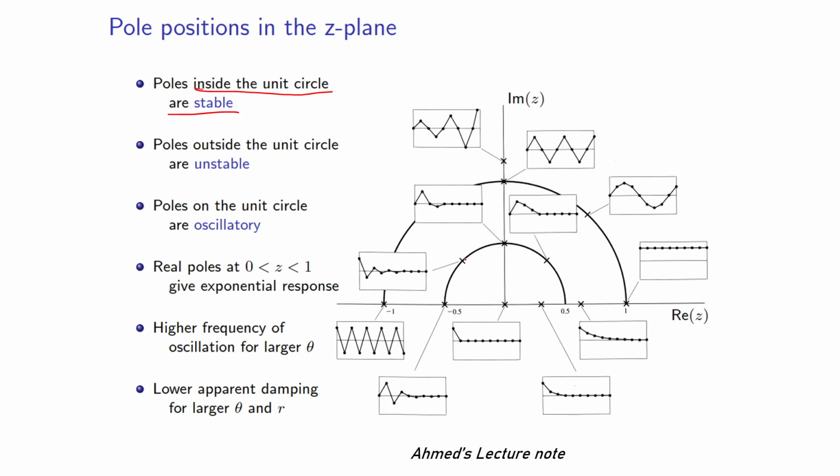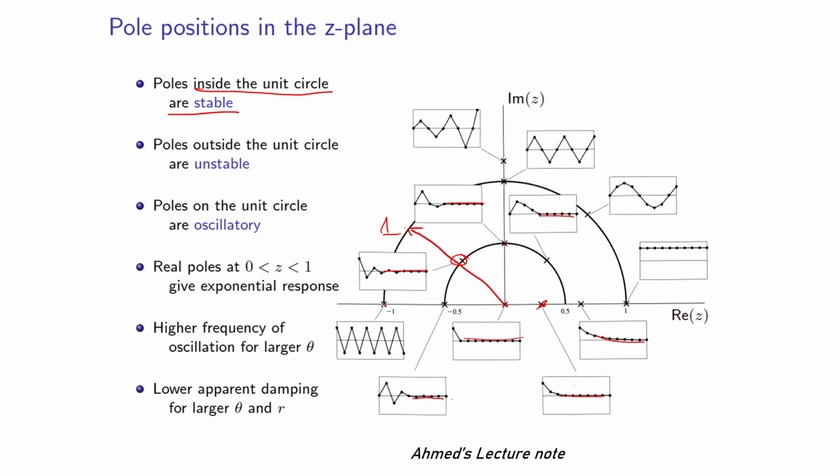Like this one inside the unit circle, this is unit circle 1. This one in the unit circle you can see is stable. This one also inside the big circle, the unit circle, so it's stable. This one also stable, stable, stable. Here is also stable.